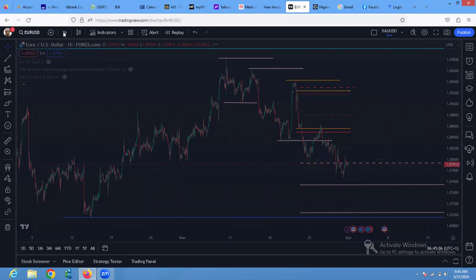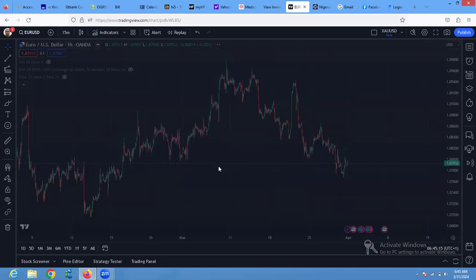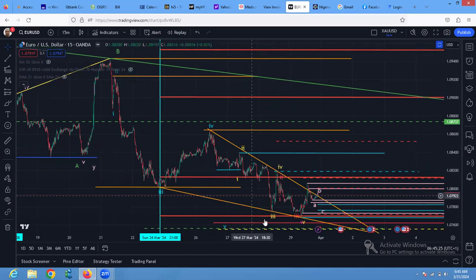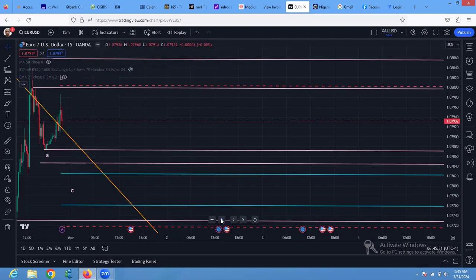Let me go back into the 15 minutes time frame. Now, 15 minutes time frame of euro dollar. So we are working within this wedge. We've been trying to break that.